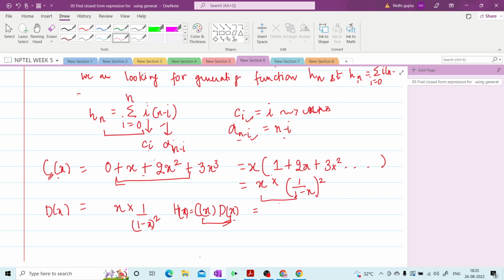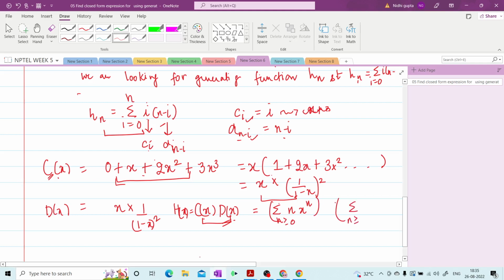Yes, because Cx is basically the sum of nx^n, n greater than or equal to 0, and Dx is also the sum of nx^n, n greater than or equal to 0.